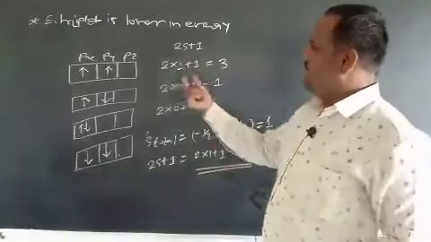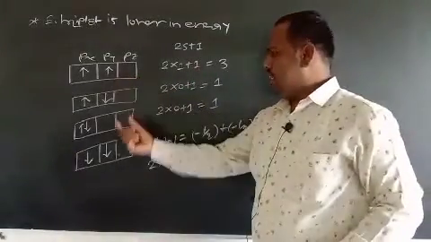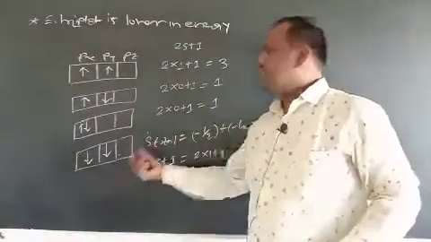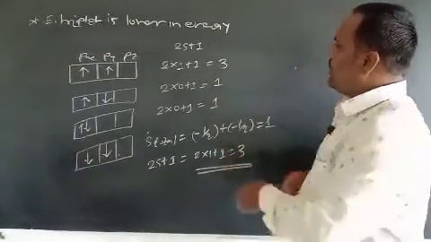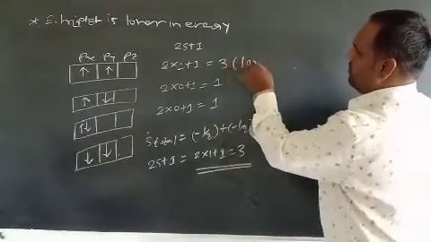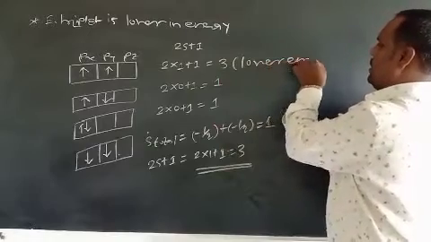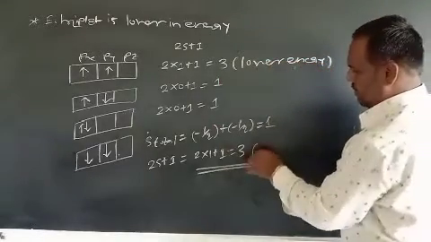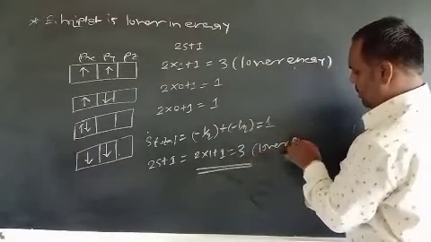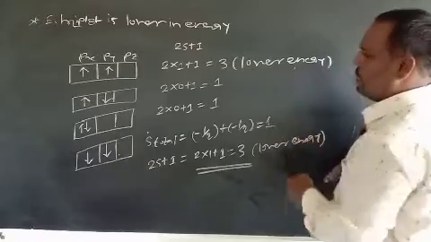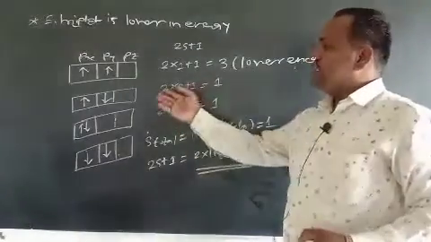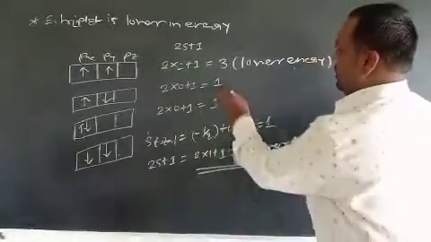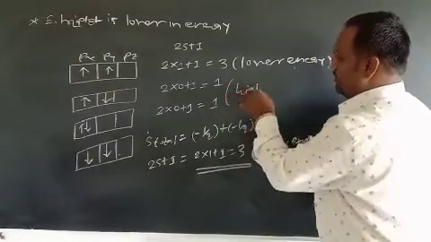So in this case the first configuration and the last configuration have maximum multiplicity, therefore they are lower in energy, because they have greater multiplicity as compared to these 2 configurations. So these 2 are higher in energy.